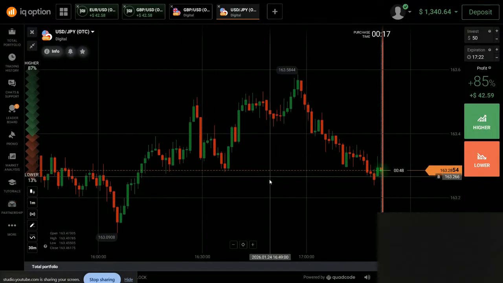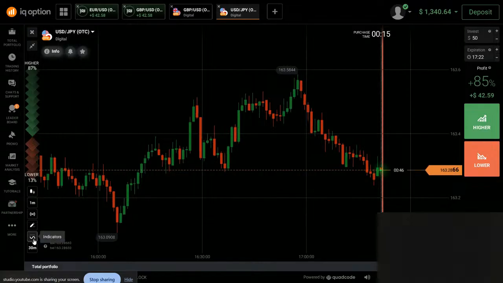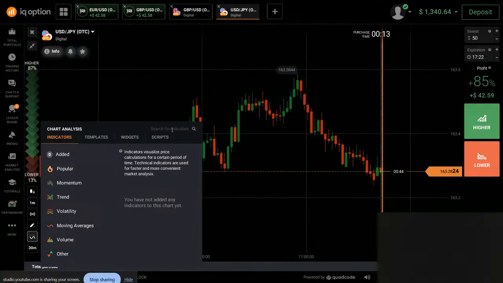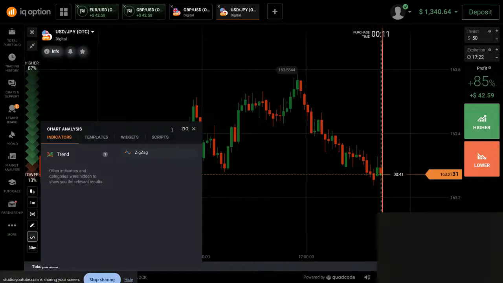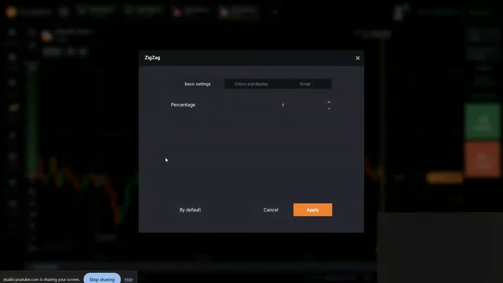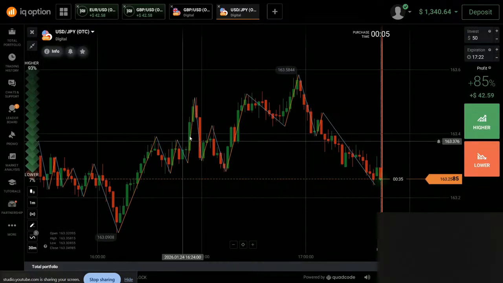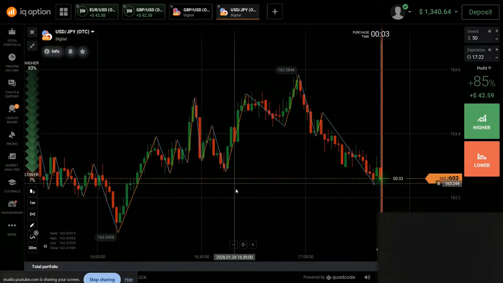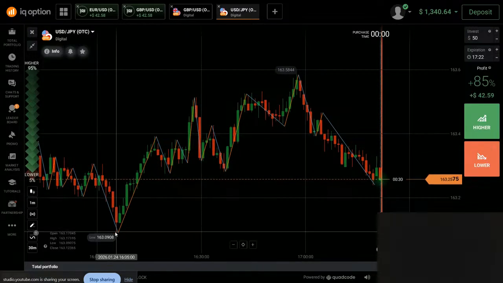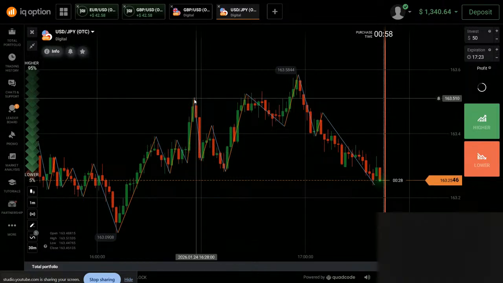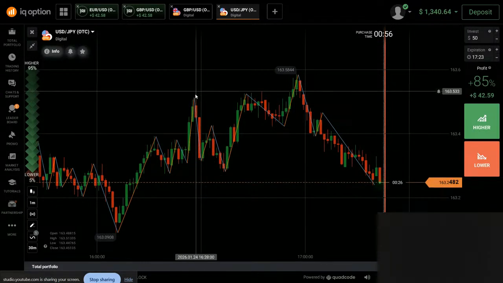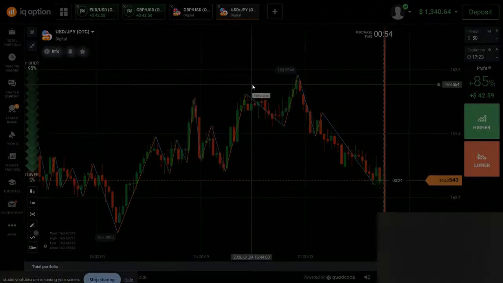If you want to understand in an easy way, just click on the indicators and search for the zigzag. If you apply the zigzag, you can easily understand the market momentum. So here the market momentum is from lower, higher low, higher high, higher low, higher high, higher low, higher high.